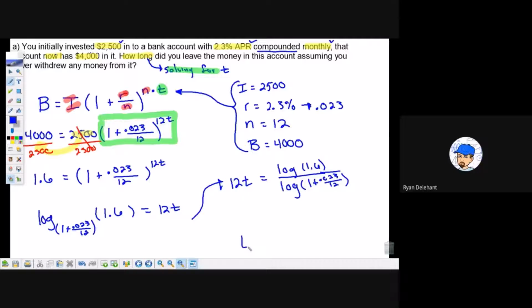Because I want to solve it for t, right? So how do I get rid of the 12? I divide it. Now I'm going to use my notation on the sheet to aid me with the calculator. I know that I want to do this operation first. And then I want to do what with that answer?